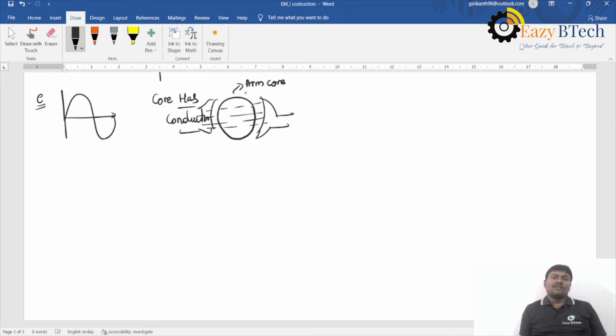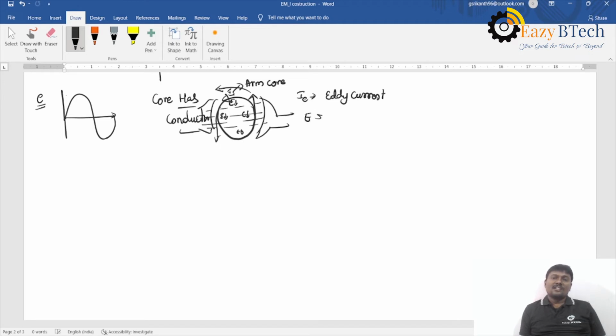This armature core is driven with the help of a prime mover, in either a clockwise or anti-clockwise direction. It will rotate and cut the flux. An EMF is induced in the winding, which is useful. In addition to that, some EMF is induced in the core. Since it is a closed path, current flows through the core.